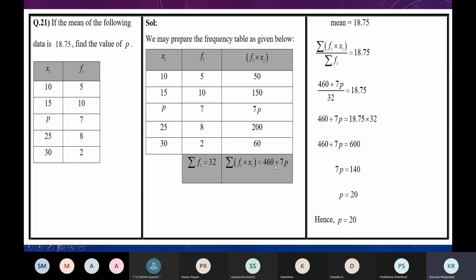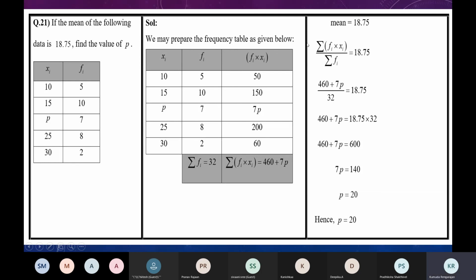Don't write 467 plus p. You cannot add 7p and 460. Add the numbers alone, you get 460 plus 7p. And this is the total of the Fi Xi column.